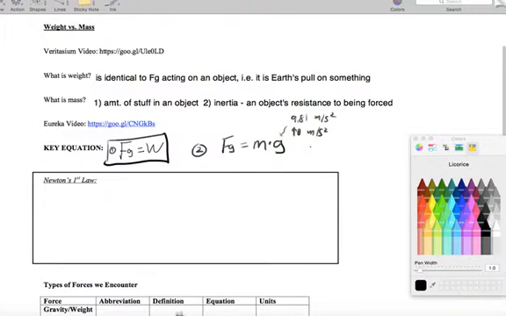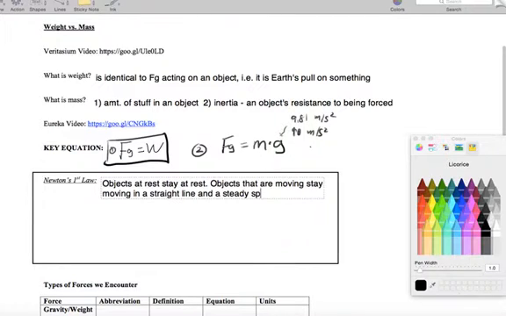So what we finally ended up doing was putting all these ideas together into one big law known as Newton's first law, and it works like this. Objects at rest stay at rest. Objects that are moving stay moving in a straight line and at a steady speed.